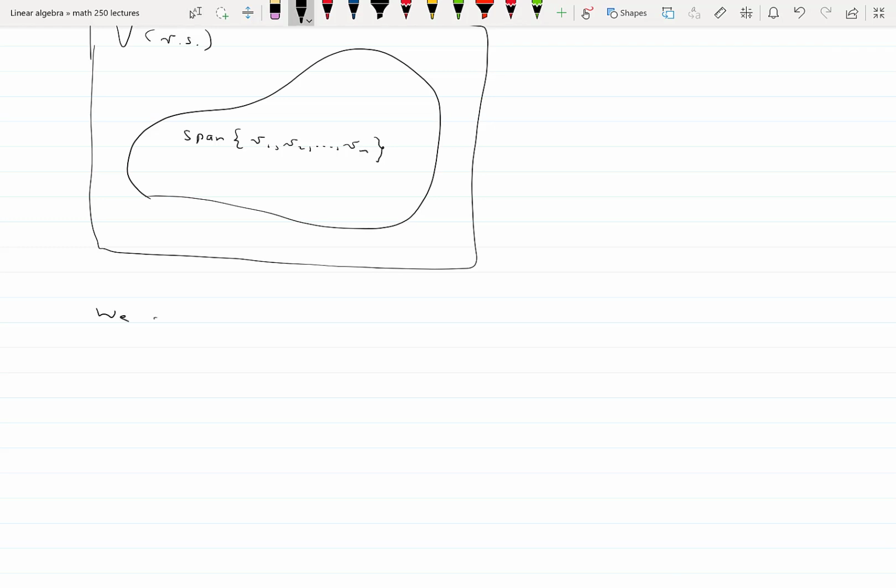We say that the vectors v1, v2, v3, all the way up to vn, and here's where we're using the word span as a verb, they span V. I'm not talking about the span of V. They span V if the subspace that they form by spanning, if the noun, the span of V1, V2, all the way up to Vn equals the whole vector space V.